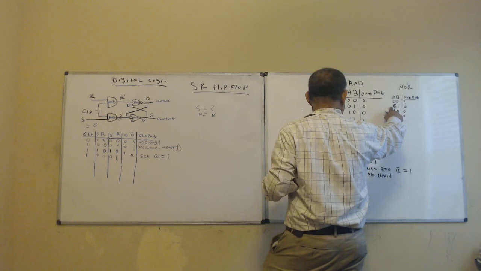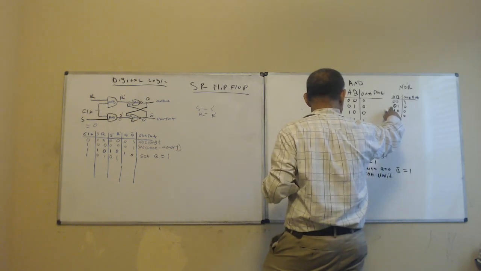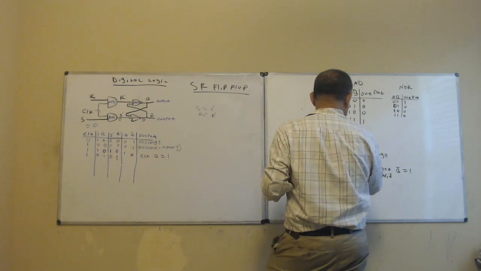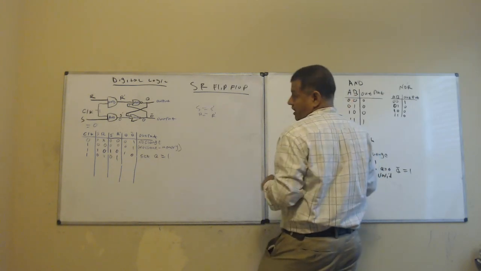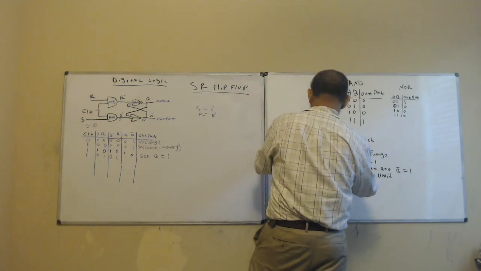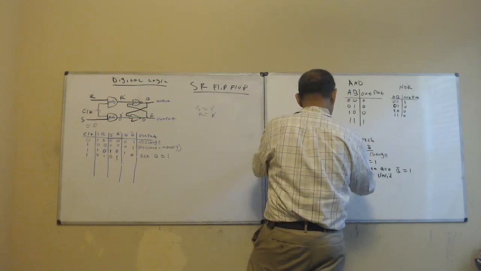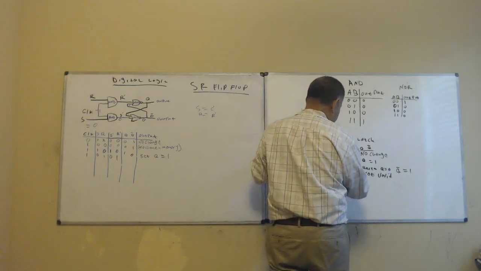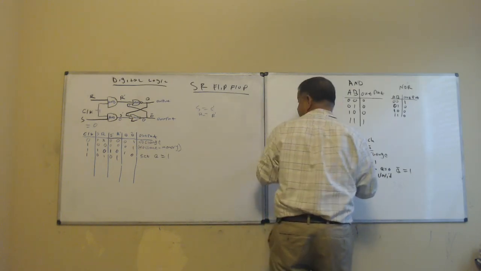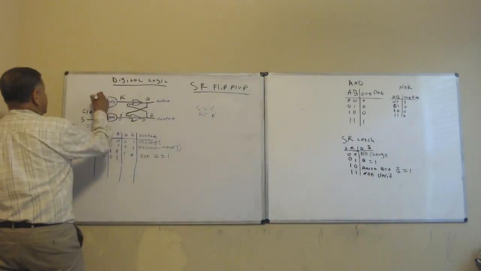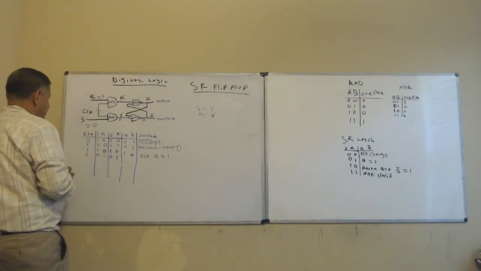We are here setting S to 0 and 1 at R, right? So we're saying that we have a 1 over here, right?